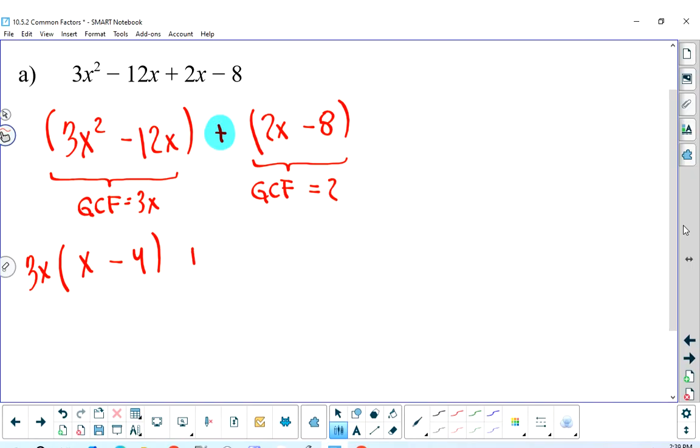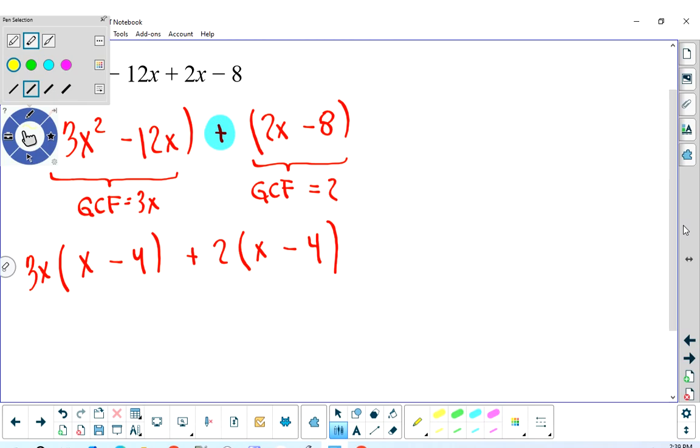If we factor the 2 out of the second pair, we're left with, surprise, surprise, x minus 4. And the fact that you're left with the same thing here out of the first pair as you are out of the second pair means factoring by grouping works.